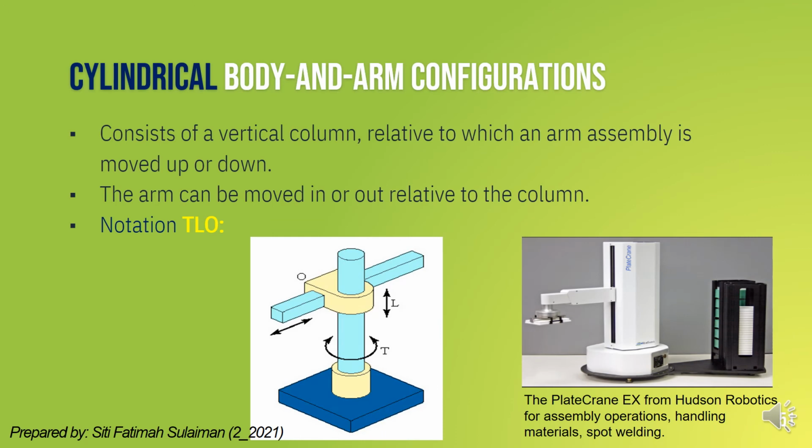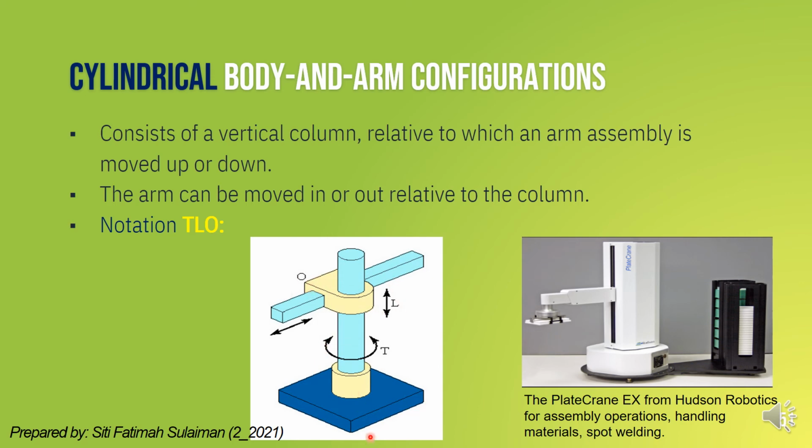The next robot arm or manipulator often found in industry is the cylindrical robot. The cylindrical robot consists of type T, type L, and type O joints.